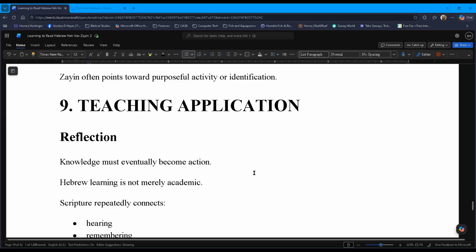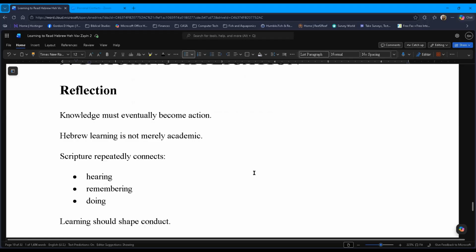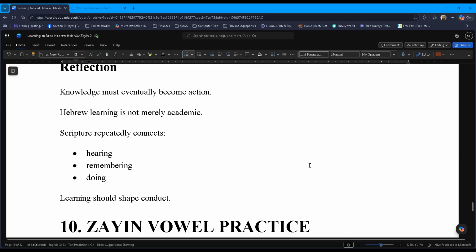Hebrew learning is not merely academic. Scripture repeatedly connects hearing, remembering, and doing together. We hear something, we remember it, and we do it, especially when we have ADD. Learning should shape our conduct.